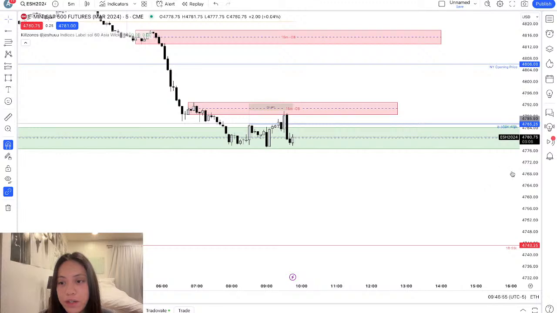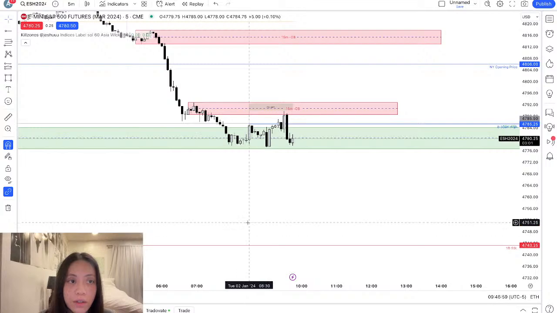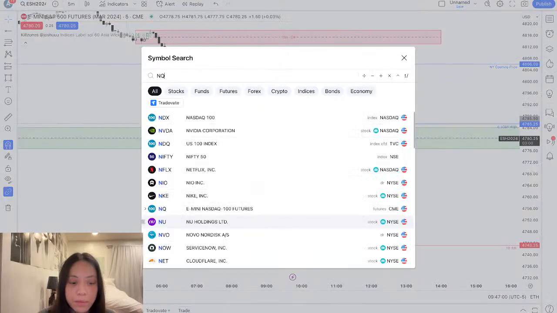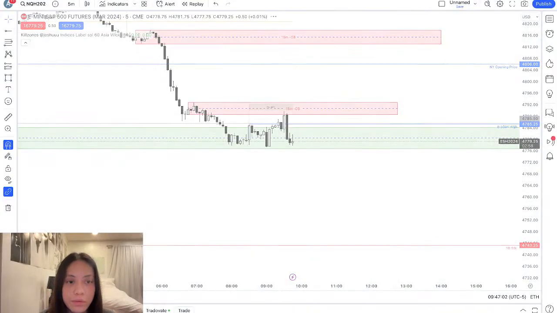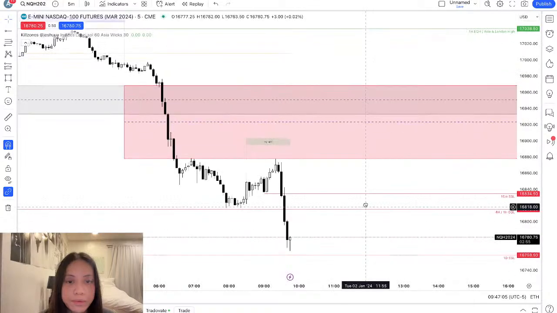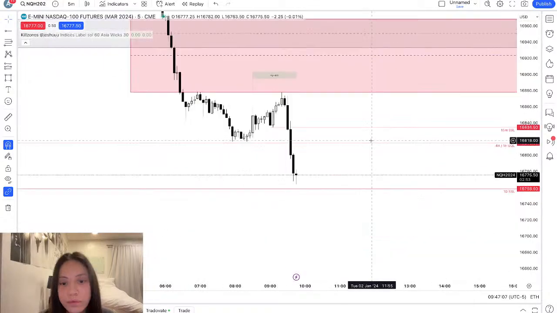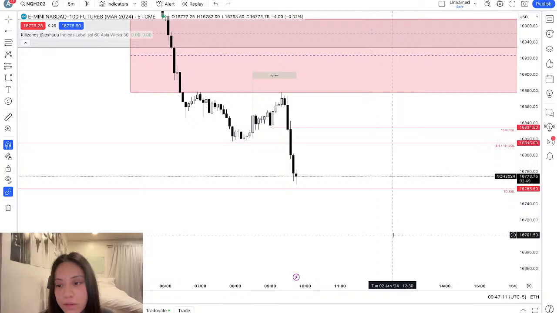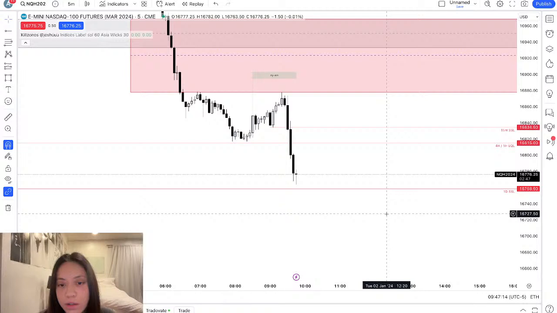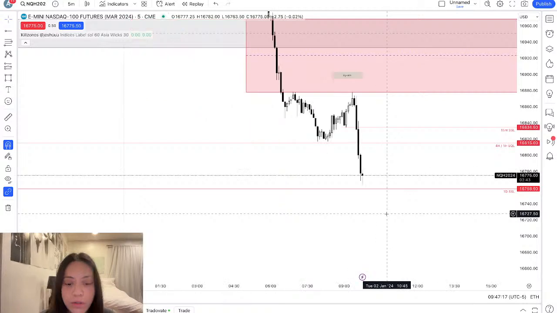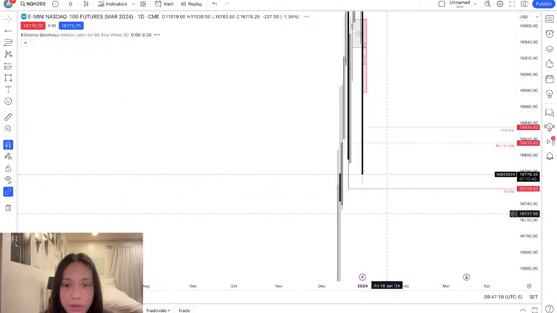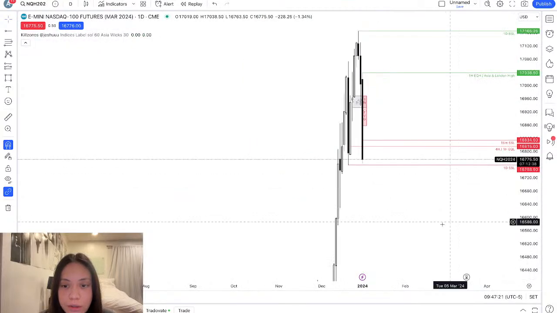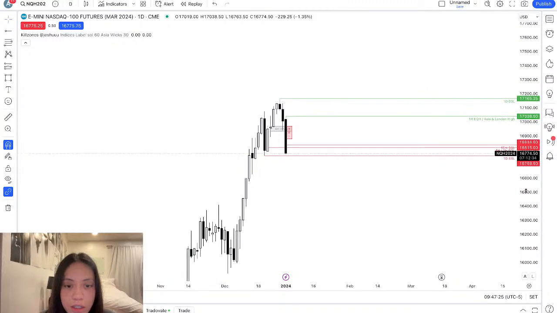Pivot point down at 16,730s. Okay, so you're saying NQ is probably going to take out this daily low, possibly.